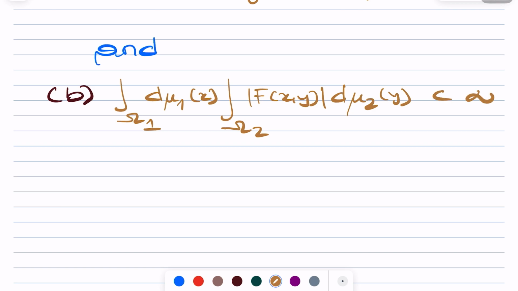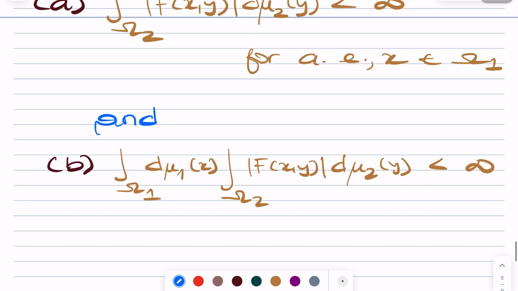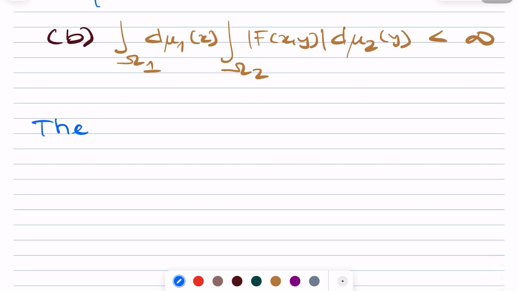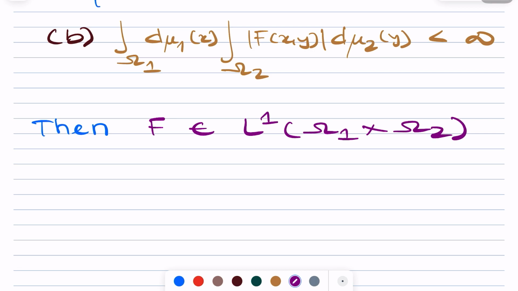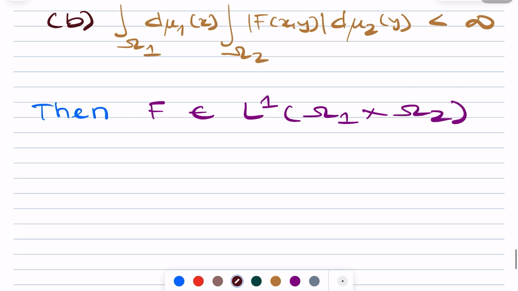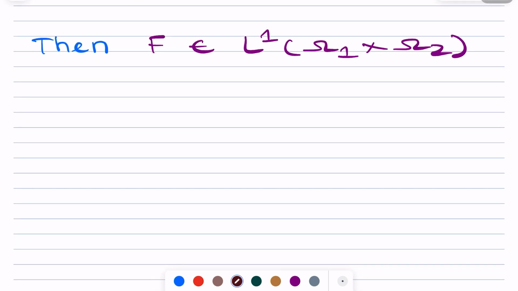So if A and B are satisfied, then for a measurable function f, the function is actually integrable over the whole domain Omega 1 cross Omega 2. Of course, when we talk about Tonelli, we see immediately Fubini, right? Sometimes people apply the theorem without even knowing the assumption. I was very good at that actually.